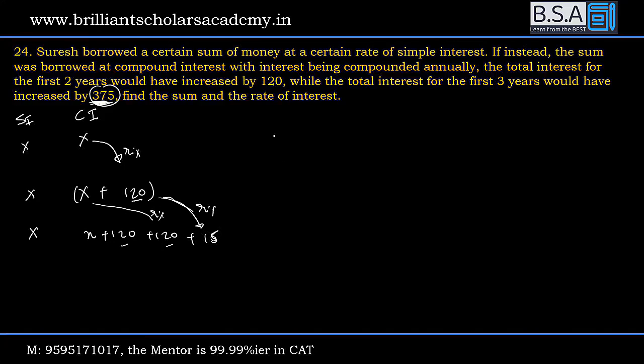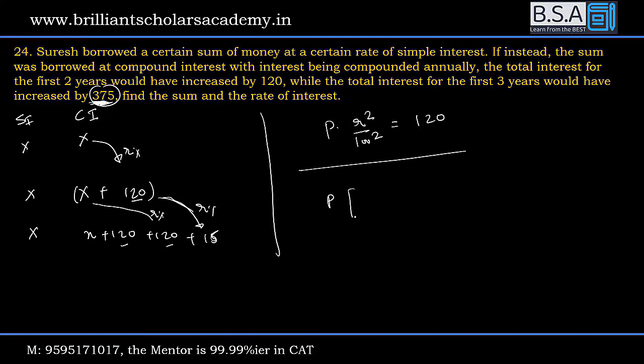You could take another approach here. P into R square upon 100 square is rupees 120. P into 3R square upon 100 square plus R cube upon 100 cube is equal to the 3 years gap, 375.